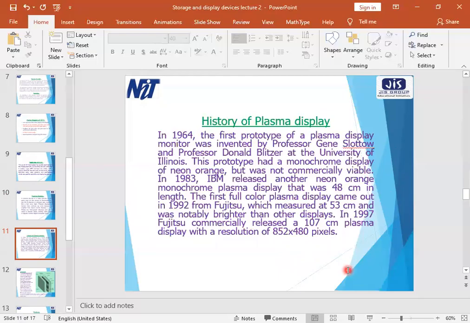It was brighter than other displays. In 1997, Fujitsu again released 107 centimeter plasma display with resolution of 852 by 480 pixels. This is very important thing, that resolution was very high at that time.